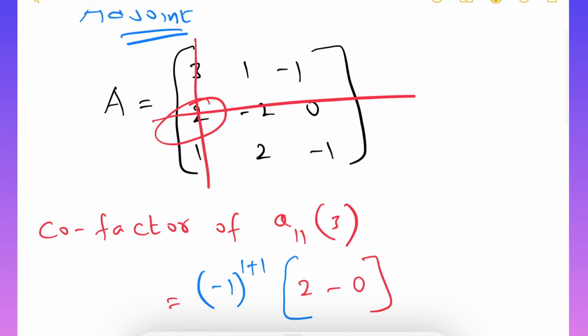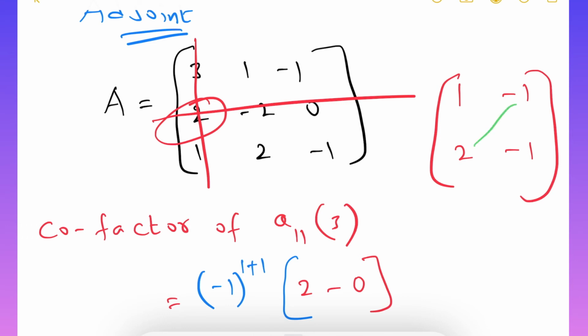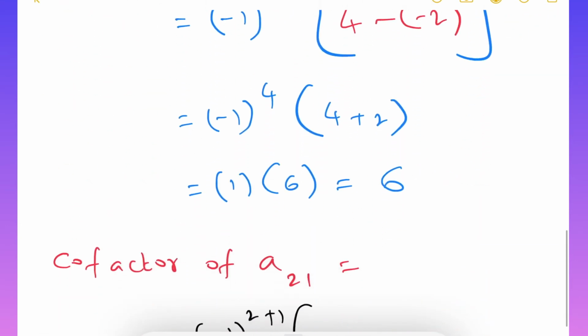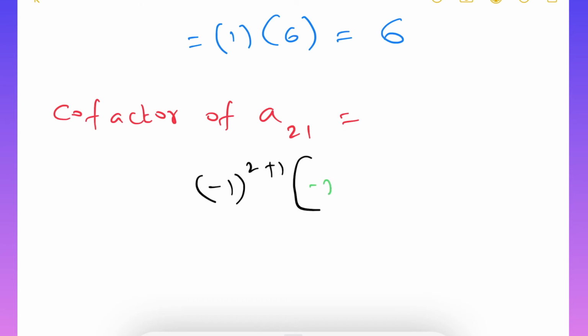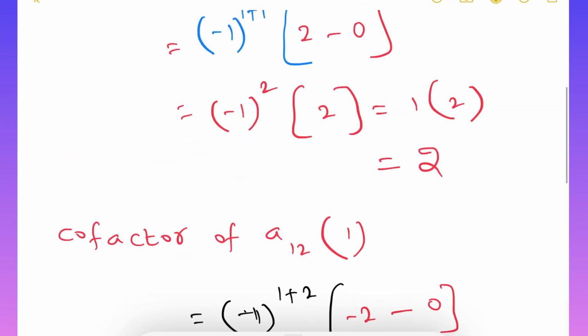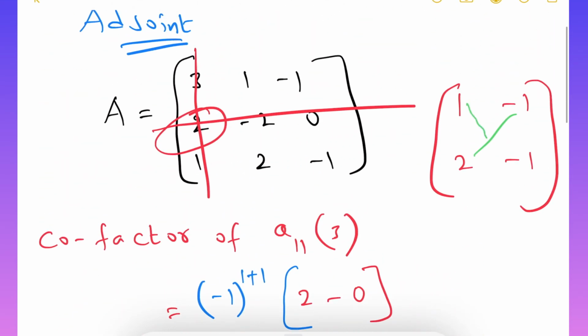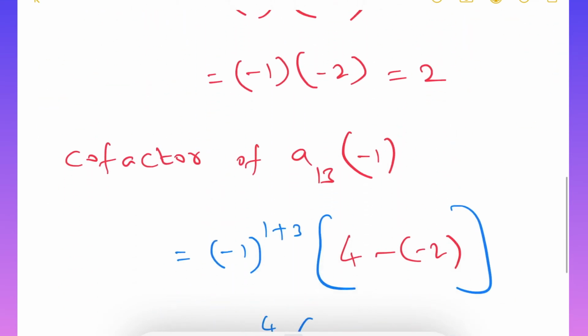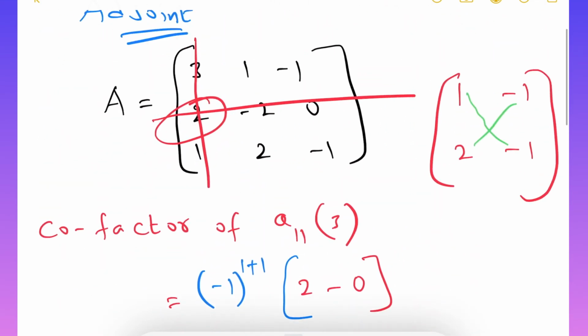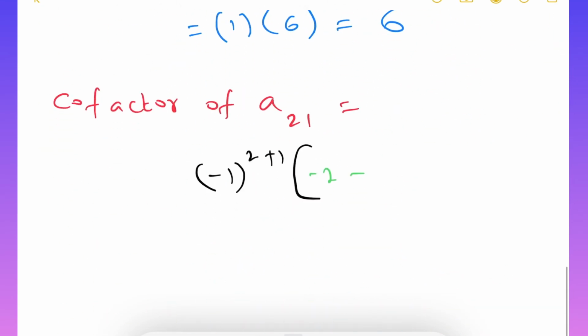Then remaining we got 1 minus 1, 2 minus 1. Let us find the determinant of this. 2 into minus 1, minus 2, minus 1 into minus 1, minus 1. Oh, sorry, I made a mistake. AD minus BC, right? Sorry.